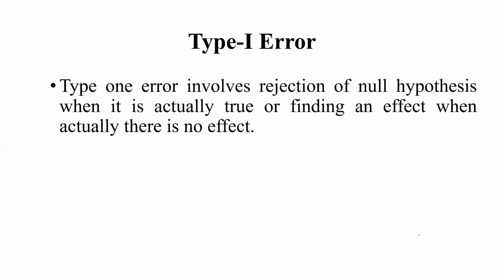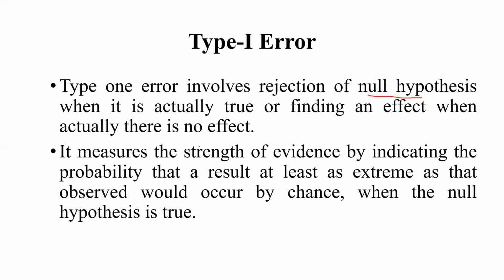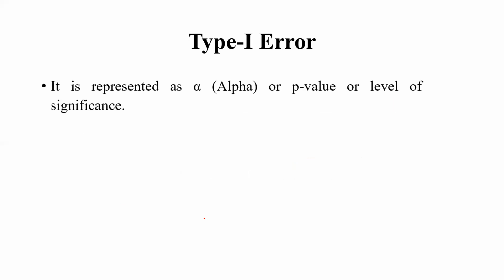Type 1 error involves rejection of the null hypothesis when it is actually true, or finding an effect when actually there is no effect. It measures the strength of evidence by indicating the probability that a result at least as extreme as that observed would occur by chance when the null hypothesis is true. It is represented as alpha, or we can say p-value, or level of significance.